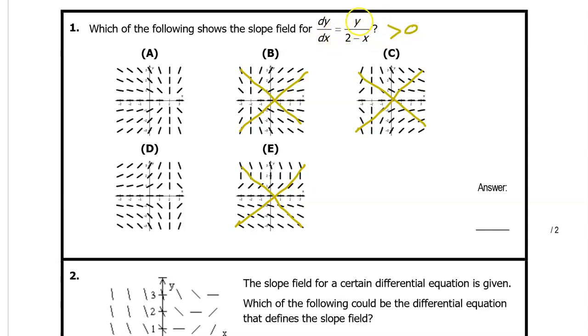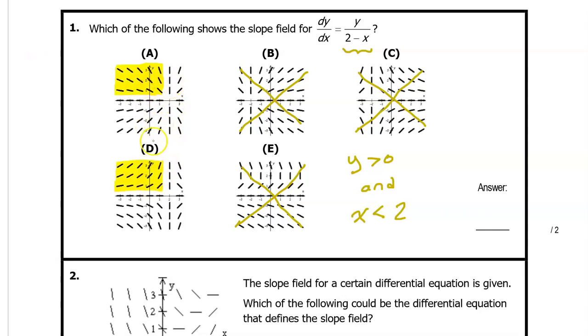When the numerator is positive and the denominator is positive, the fraction will be positive. In other words, when y is greater than 0 and when x is less than 2. When x is less than 2, the denominator will be positive. So, where these two conditions hold, we should see nothing but positive slopes.